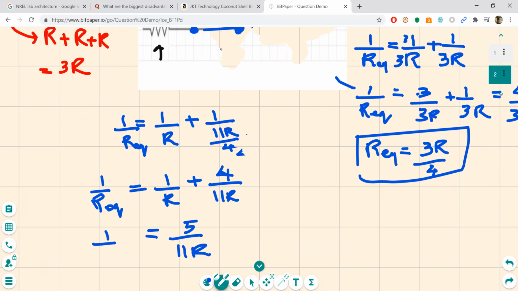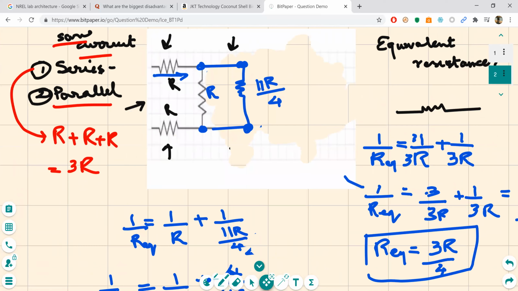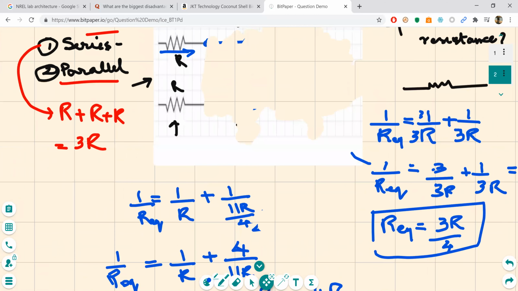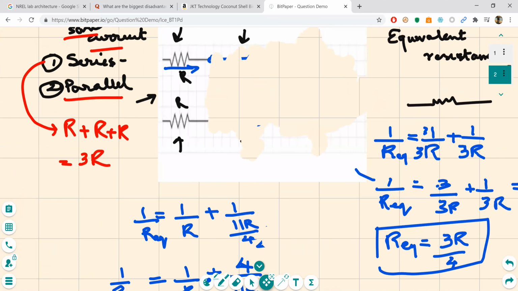So the net R equivalent is the flip of this, 11R over 5. So finally, these two combine to 11R over 5.